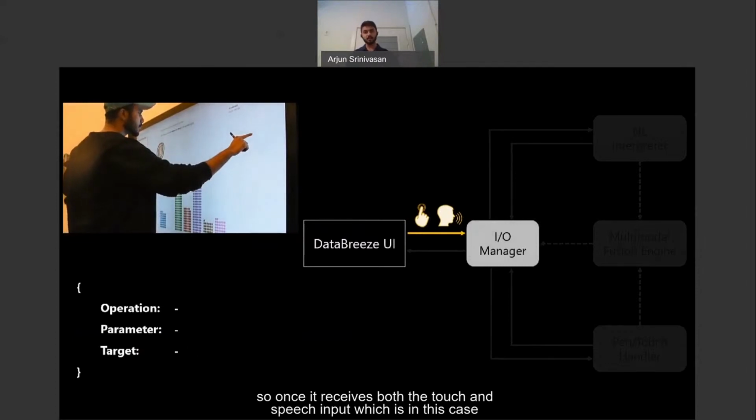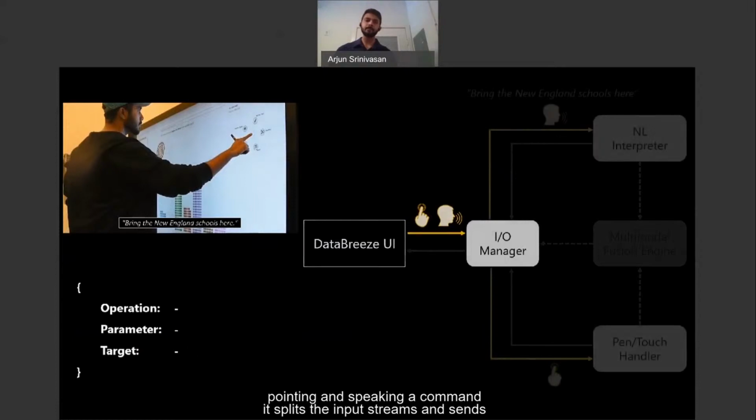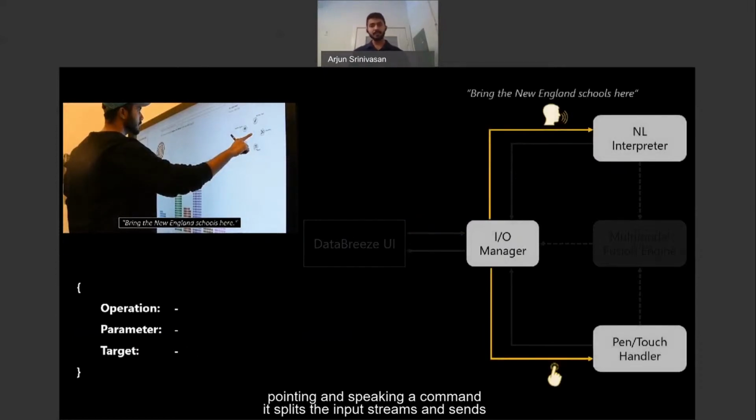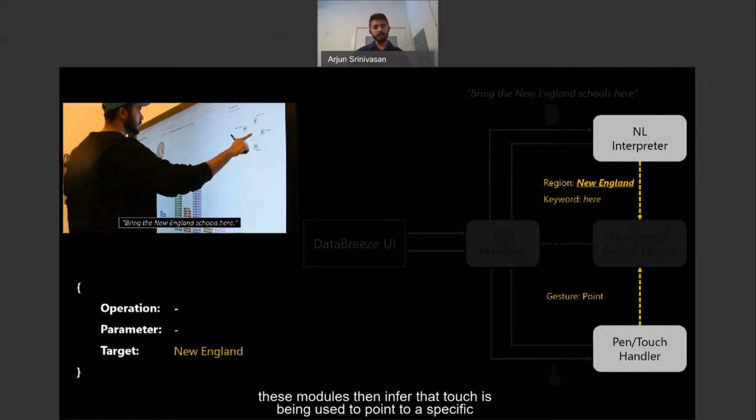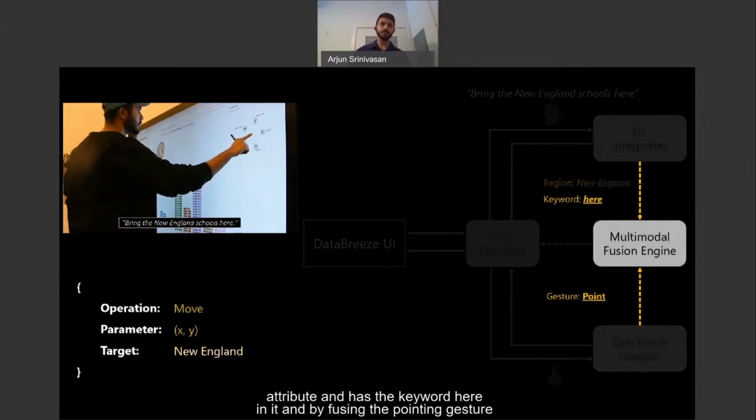So once it receives both the touch and speech input, which is in this case pointing and speaking a command, it splits the input streams and sends them into two different processing modules. These modules then infer that touch is being used to point to a specific location and that the spoken query references a value under the region attribute and has the keyword here in it.